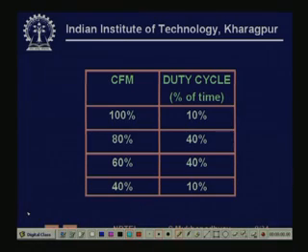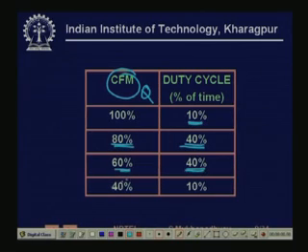CFM means Q. So 100% flow stays for 10% of the time, 80% flow stays for 40% of the time, 60% for 40% of the time, and 40% for 10% of the time. Imagine such a case, okay.